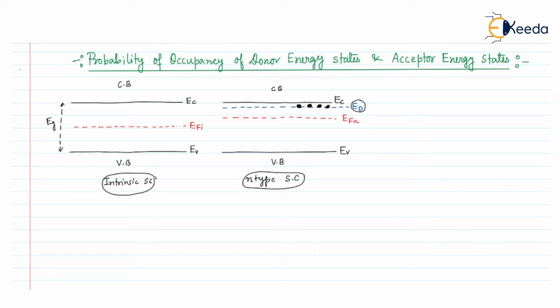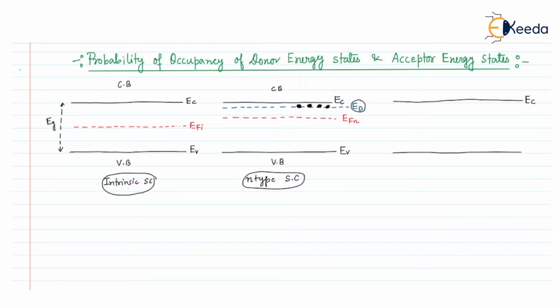Now let us see what the acceptor energy states are. Let us assume that we have doped the intrinsic semiconductor using a p-type impurity or acceptor impurity. The energy band diagram will look like this.